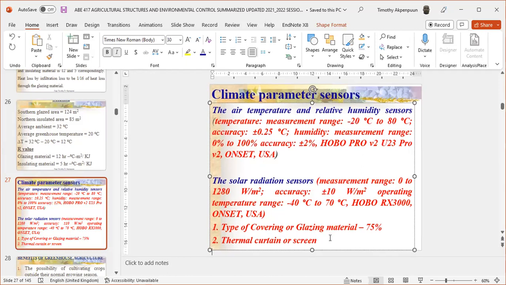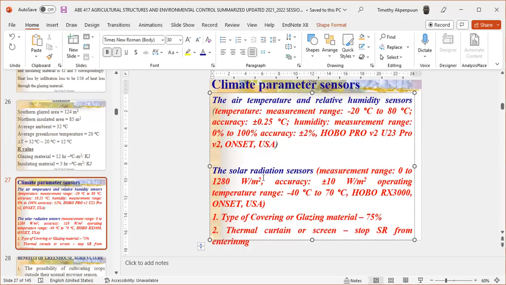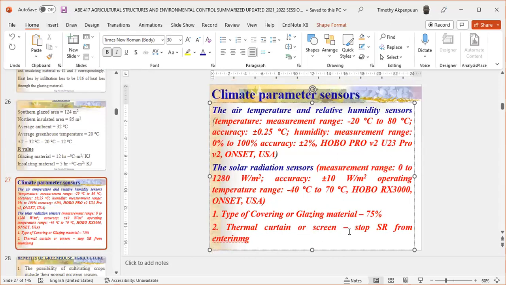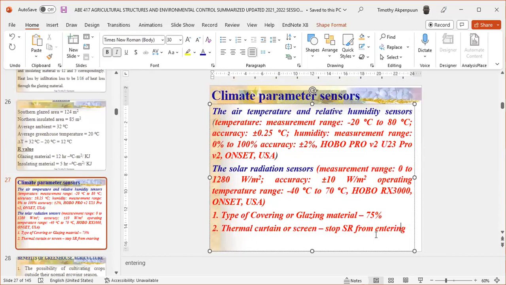There are two reasons why you use thermal screen. Either you use thermal screen to stop solar radiation from entering into the greenhouse, or you use the thermal screen to keep the thermal energy within the greenhouse, right?